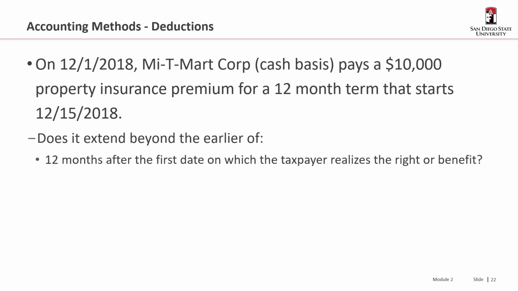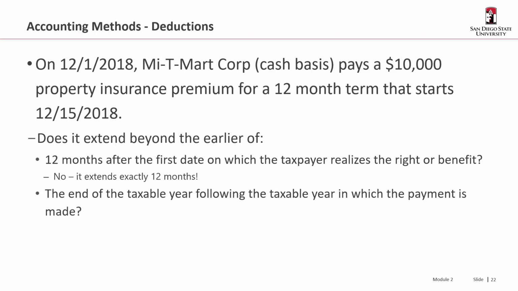Okay. So does it extend beyond 12 months? Well, no, it's exactly 12 months. Does it extend beyond the end of the taxable year following the taxable year in which the payment is made?